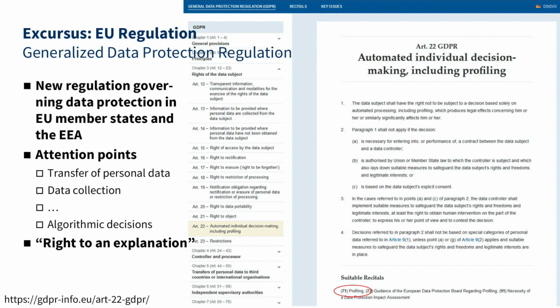It's an EU regulation concerning various matters, in fact, related to personal data and measures that companies have to apply when they collect personal data and personally identifiable data.